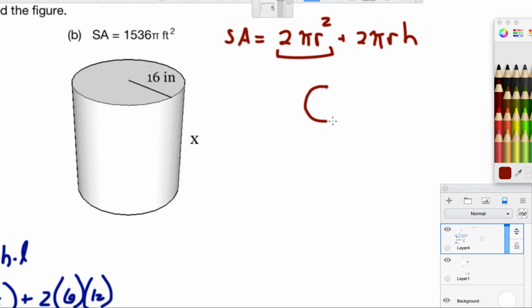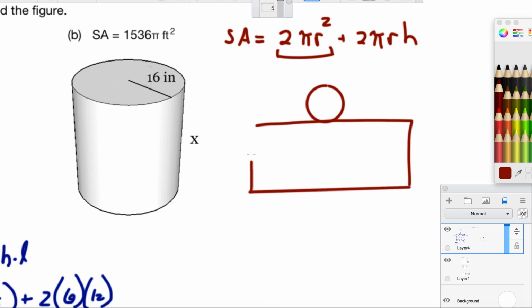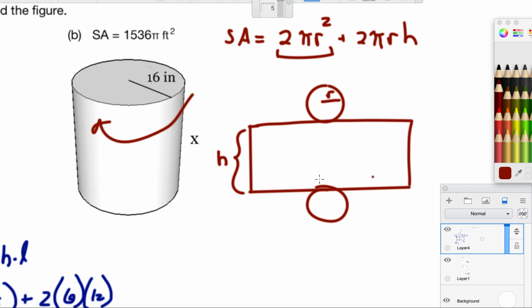So if we make a net from this cylinder, we have our two circles here with radius r, and we have this, our height of our cylinder, and this curved edge right here just flattens out into a rectangle, right?